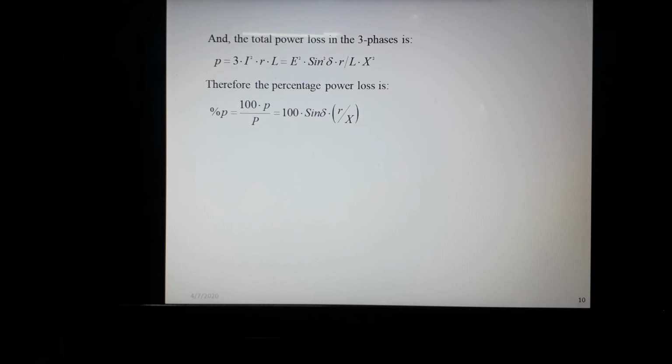Therefore the percentage power loss can be calculated. Percentage power loss is given by the ratio of power loss divided by power transfer through the transmission line. That is the percentage power loss, and it is given by 100 sine delta multiplied by R divided by X.